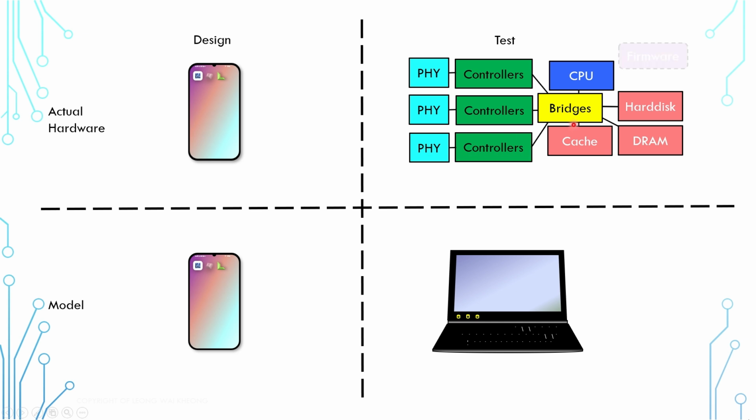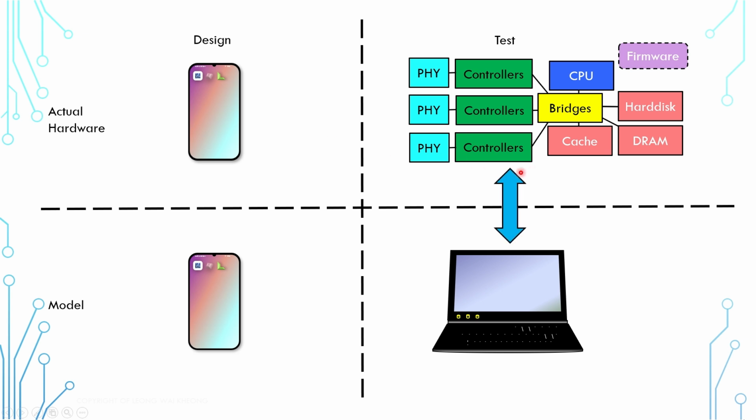On top of that, there are firmware and software which initialize the components and help to manage their interaction. Say we want to send some data over the USB connection. First, the data is stored in the hard disk. The CPU then moves the data into DRAM. And then the USB controller gets the data by using direct memory access and sends it over to the PHY component. And from there, the data is sent to the design.